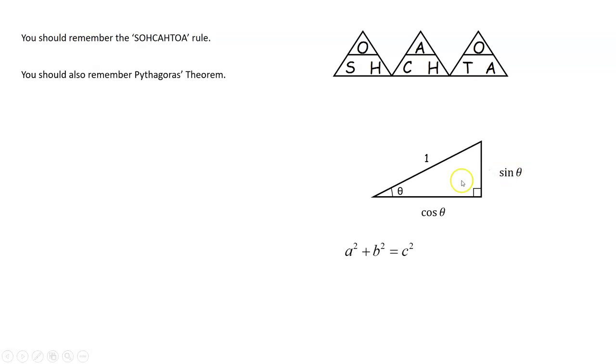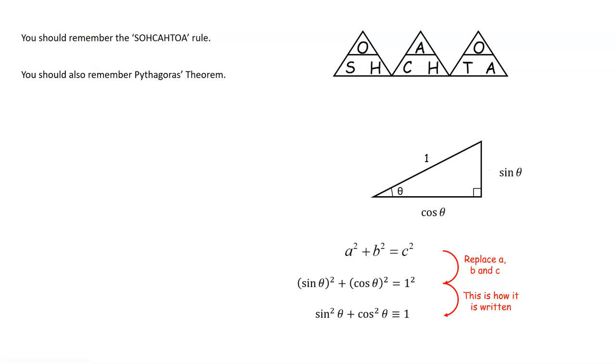I can substitute the parts of this triangle in to get (sine theta) squared plus (cos theta) squared equals 1 squared. I don't normally write it like this because it can get confusing, so I rewrite it as sine squared theta plus cos squared theta. The three lines mean is identical to 1. This will always be the case regardless of what theta is.